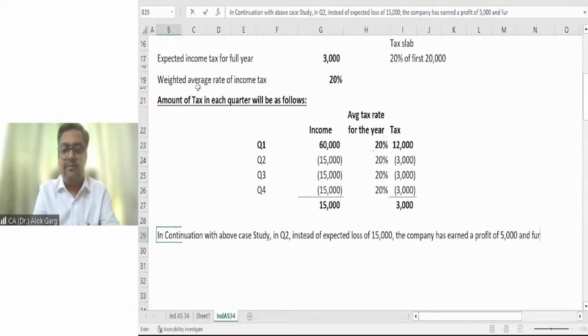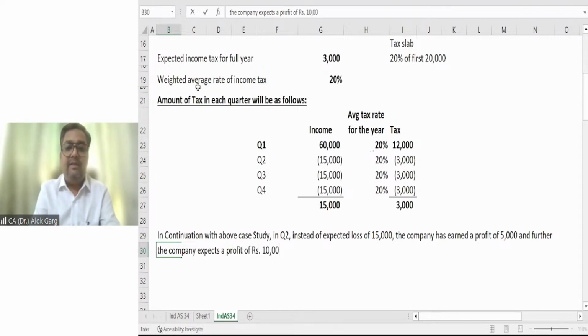And further, the company expects a profit of rupees 10,000 in Q3 and a loss of rupees 15,000 in Q4, right?